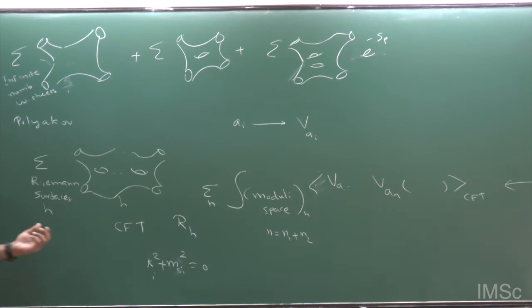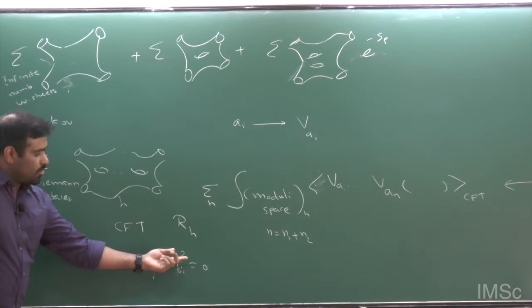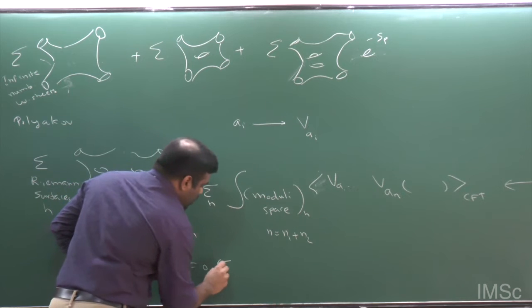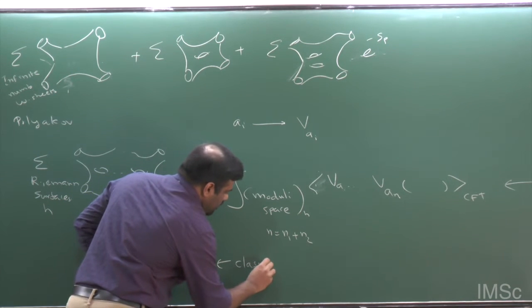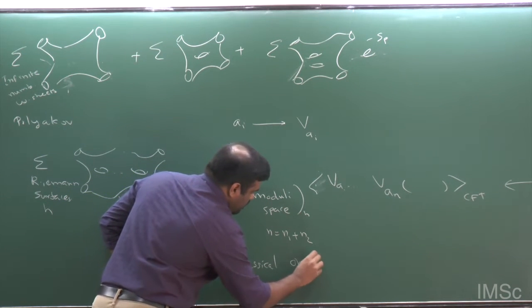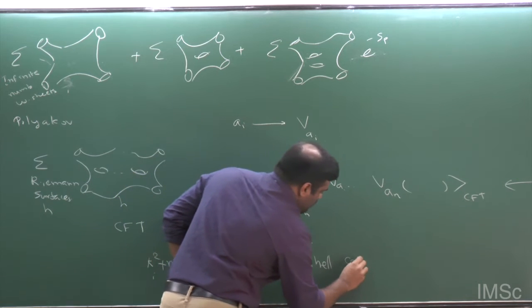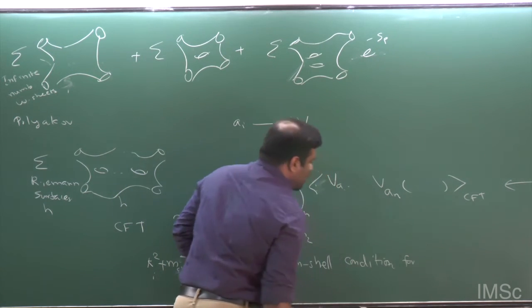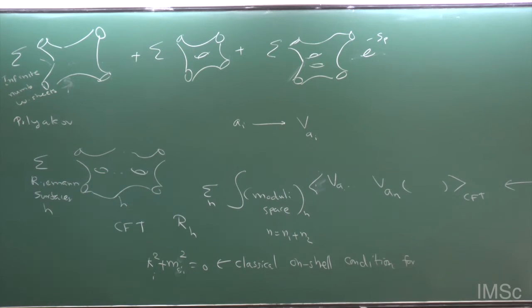So it should be k square plus m square equal to 0. So you have to impose the classical on-shell condition for all external states.